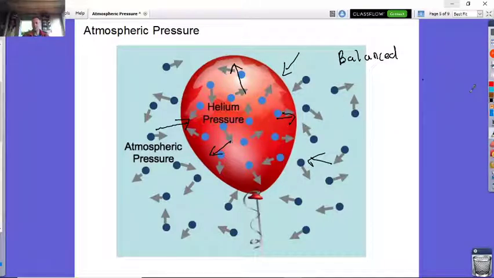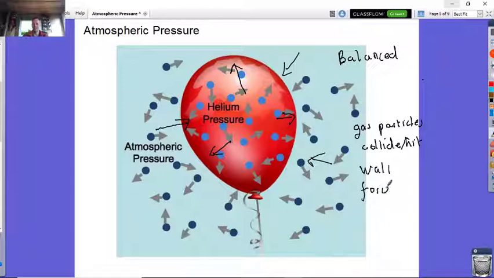Now, they can ask you to explain why you get air pressure, and these are the key words you need to use. You've got to start talking about the gas particles, and these gas particles could be all the air particles on the outside here. What they're going to do is collide, or you can use the word hit, the balloon wall, and therefore they're going to create a force.